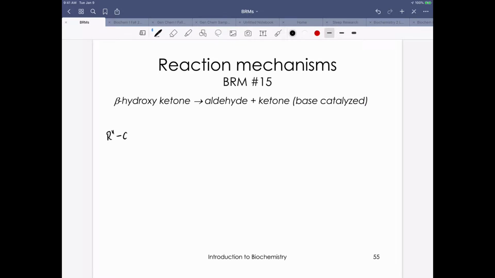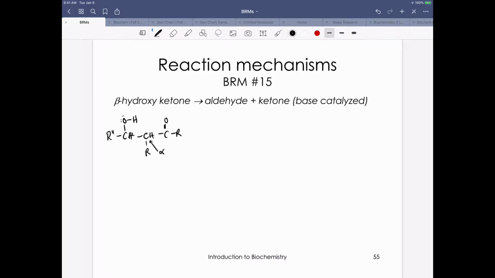So I'm going to draw my beta position here. And for reasons you'll see in a minute, I'm going to draw out that hydroxyl group showing my bond here. Here's my alpha carbon. And then I've got a ketone, so that group must be an R. So again, I'm just going to go through and label what we can see here.